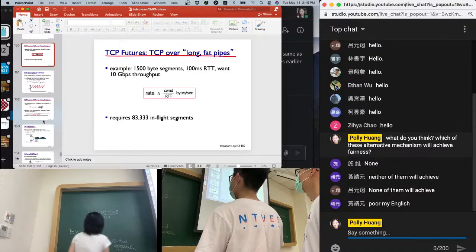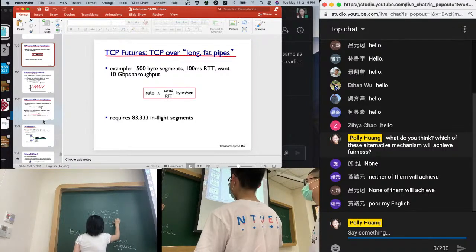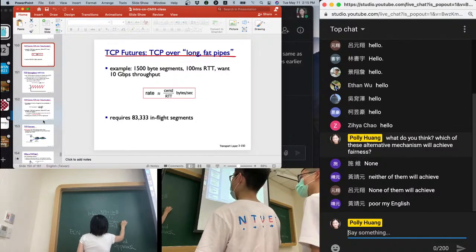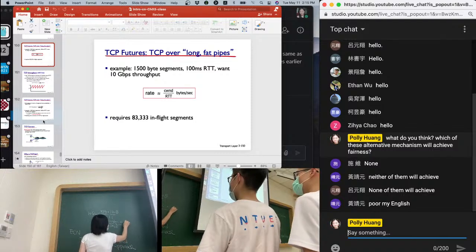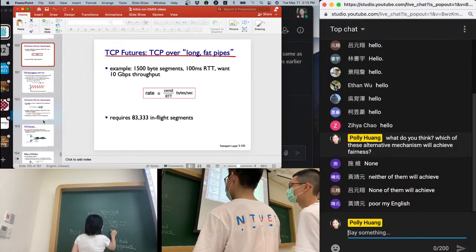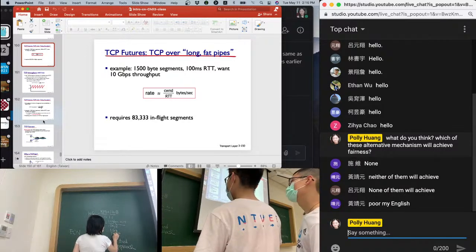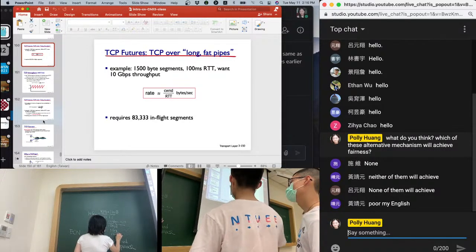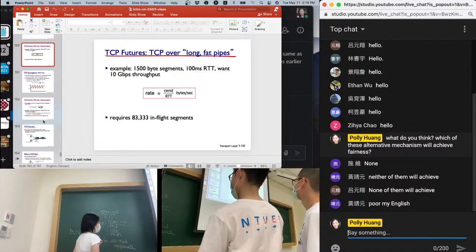So the number of segments allowed in flight is 10G bps multiplied by 0.1 s, so this is 1 gigabit, divided by 1500 bytes.